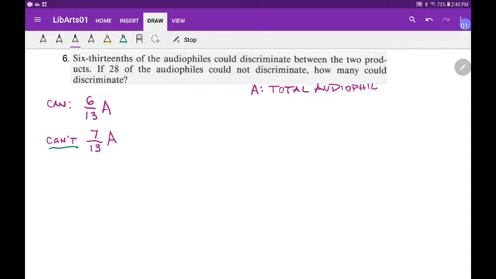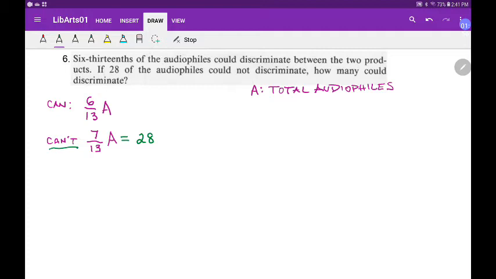Audiophile means to love something. If you're an Anglophile, you love England. If you're a Francophile, you love France. So anyway, 28 of the audio files, well, they can't. So I'm going to put them. It must be that 7/13 of A is equal to 28.